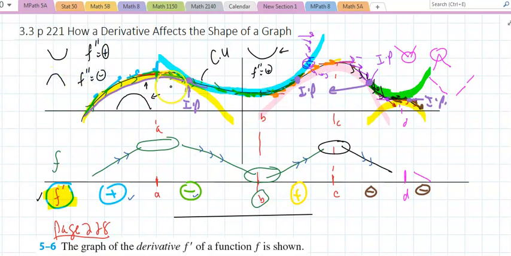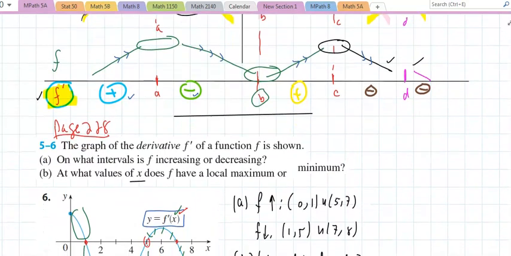If you switch from concaving down to concaving up, that's an inflection point. If you switch from concaving up to concaving down, that's an inflection point. But if you concave up and then concave up, it's useless, kind of like what we did here. And that's pretty much how we're going to play this game. The goal is for you to be able to sketch the graph of any of those. And we want to start with an example.